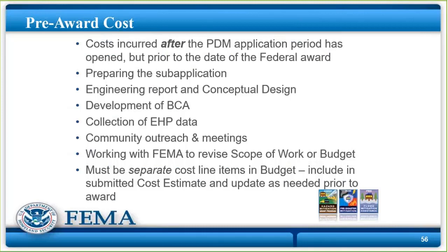Or this portion of it is a match. So for pre-award costs, you can do a lot of stuff after the application period opened on October 1st. And all of those expenses related to putting this project together, putting the application together, engineering report, the BCA, etc., all that counts as pre-award costs. And you just have to put them in.